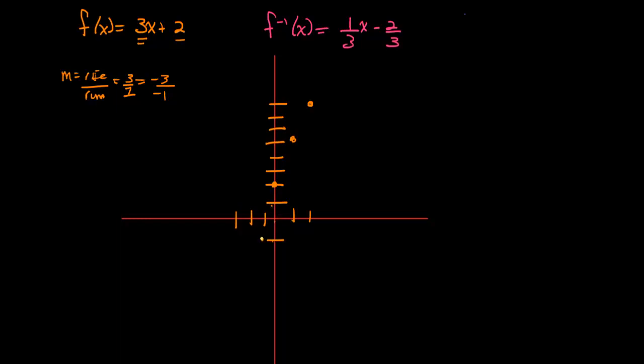Trying my best to line these up by drawing them without graph paper, I'm going to have something that looks like this. I should try a little bit better. Let me make them intersect these same points: up 1, 2, 3 and over 1. So it's going to be something that looks like this.